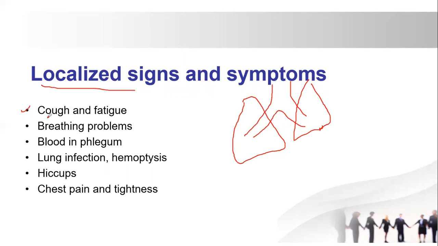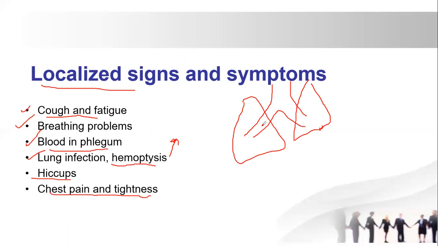The first ones are cough and chronic fatigue, and then breathing problems, dyspnea, etc. Then blood and phlegm, that is also called hemoptysis, that is coughing of blood, and then hiccups or chest pain and chest tightness. So these are all the localized symptoms.